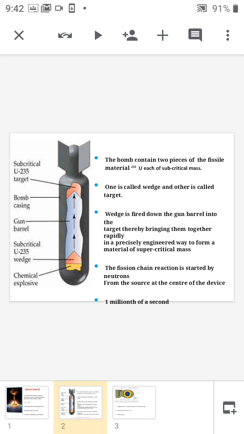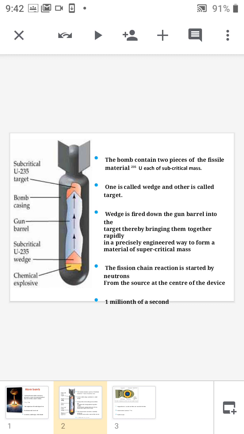So, when the fissile material reaches the supercritical mass, the fission chain reaction is started by the neutron from the source at the center of the device, and the reaction occurs within millionths of a second.